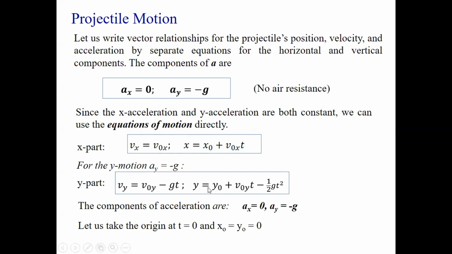And the other equation is y equal to y0 plus V0y times t minus half g t squared. Here the acceleration is minus g, therefore we have substituted the acceleration for the y part. The components for acceleration are given below. Now let us take the origin at the time t equal to 0 as our starting point. Therefore x0 and y0 are equal to 0, and these equations get simplified.